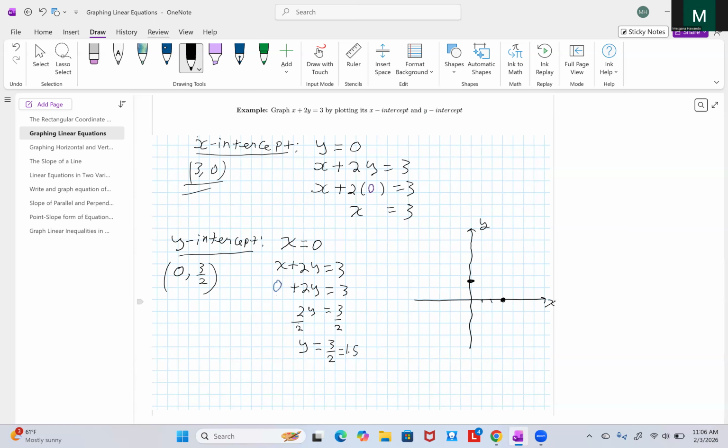So now we connect the 2 points, the x and y intercepts, and we extend the line beyond the intercepts. So this line that we just sketched is the graph of the equation x + 2y = 3. This point here is (3, 0). This point here is (0, 3/2).